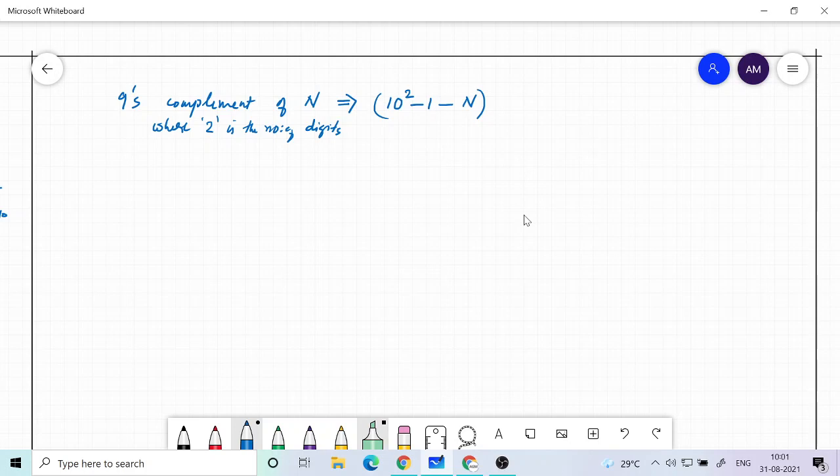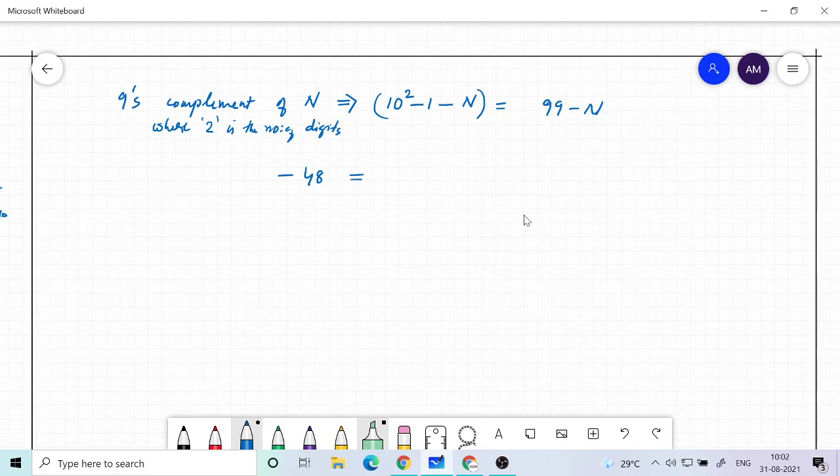So when you want to represent a number like, say, minus 48, you just need to perform this operation. As you can see, this can also be written as 10 squared is 100, and minus 1 means it is 99, minus 48.